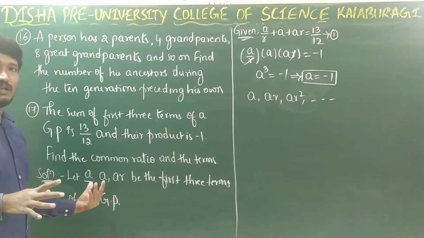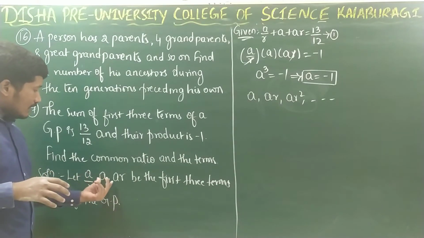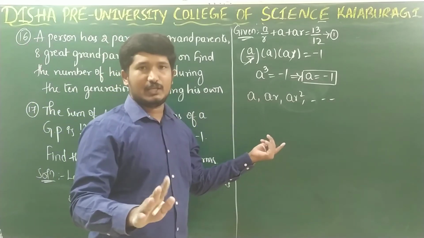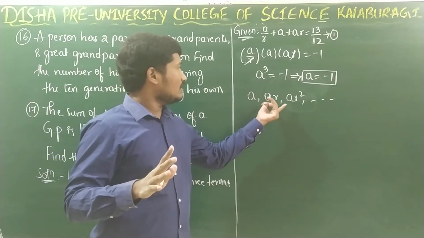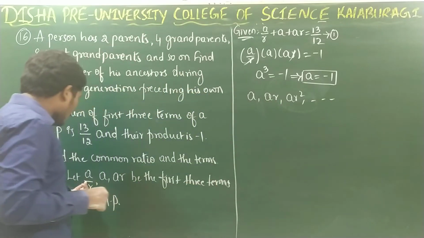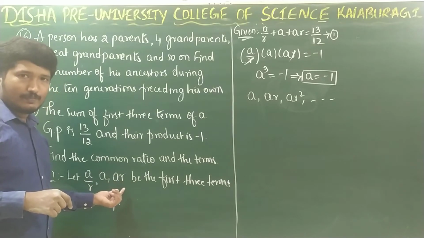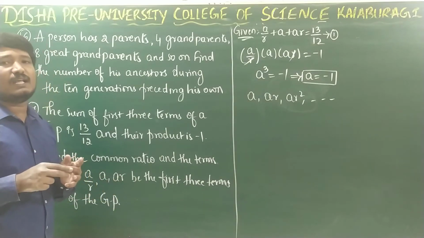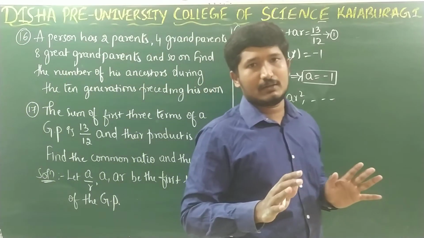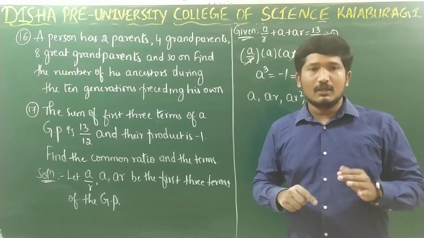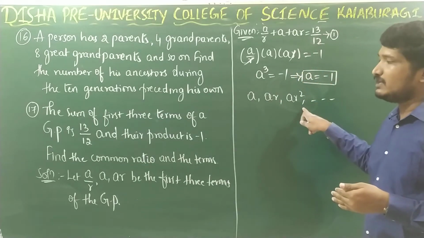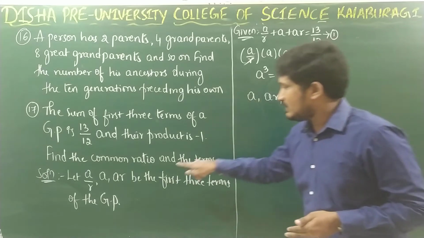See, listen very carefully. If you take this or if you take this, it is okay. You can take any one of these, right? You can either consider these three terms or you can consider these three terms. But the only thing is, there will be some difference in the calculation part. I mean, the answer will be the same, but you will face a bit of difficulty while you consider these three things, right?